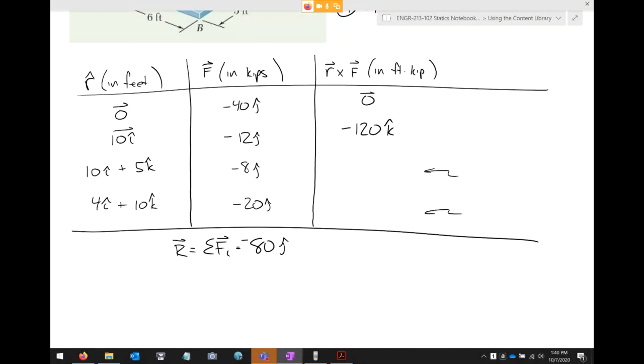I got something different, because for this one I've got an I term and a K term. That's what I'm getting. Yeah, 40I minus 80K. Yeah, that's a negative there. Yeah, that's what I'm getting. What about for this one?